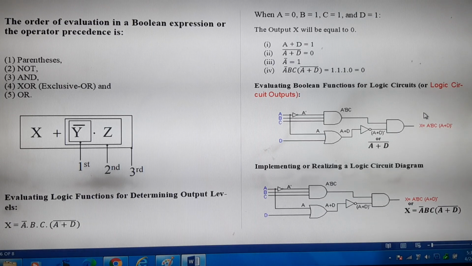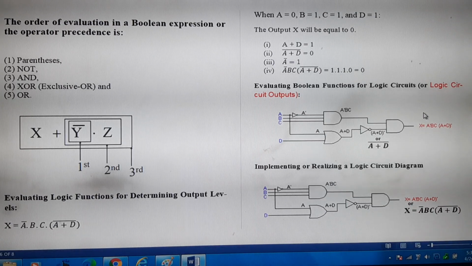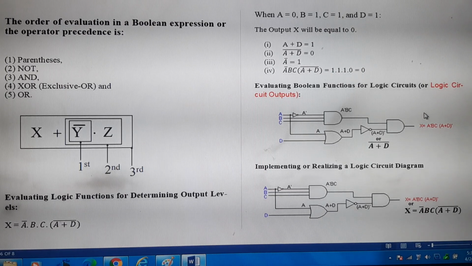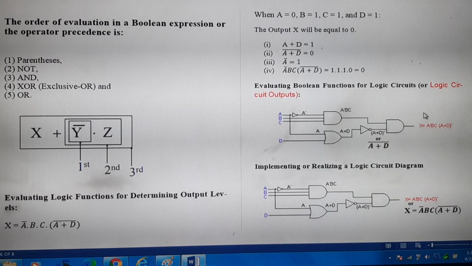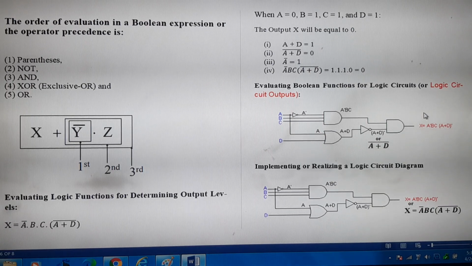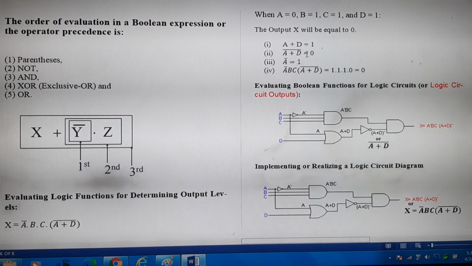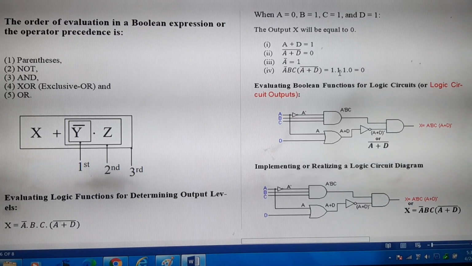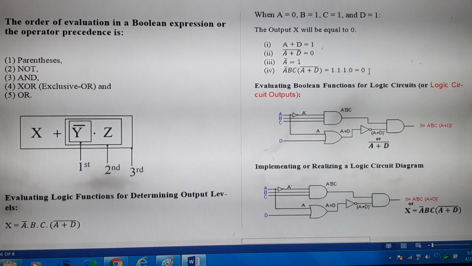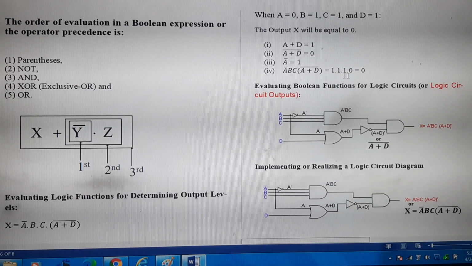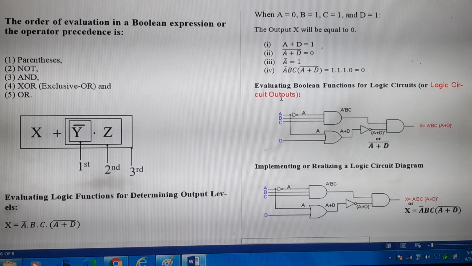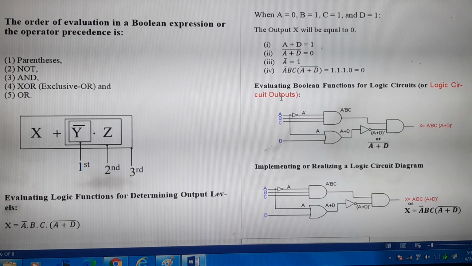As a is 0, its inverted output is 1. Next we perform the AND operation of all the variables. A bar, which is 1, dot b, which is 1, 1 dot 1, dot c, which is 1, so 1 dot 1 dot 1, then a plus d bar, which comes out to be 0. So 1 dot 1 dot 1 dot 0 will be equal to 0. So this is how we evaluate an output level for any input combination.